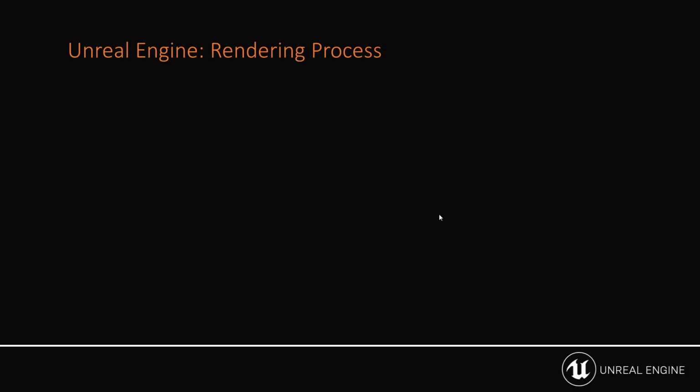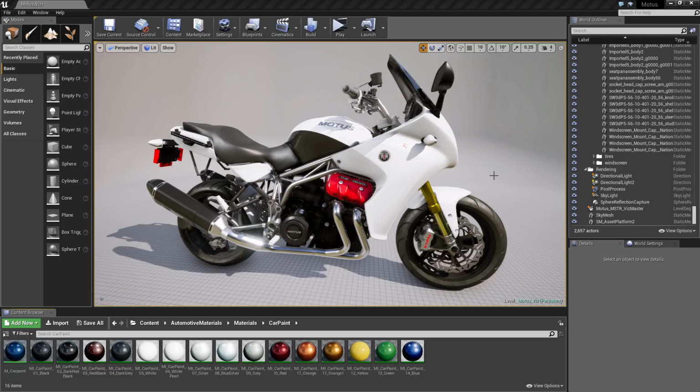All right, let's take a look at the Unreal Engine rendering process, and what's involved in rendering in Unreal Engine. There are a couple of key things that we want to follow with rendering. Nothing can be really beautifully realized without the importance of utilizing materials.